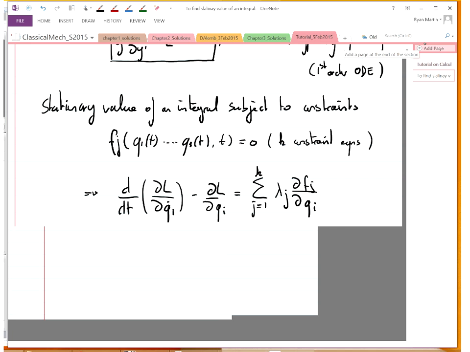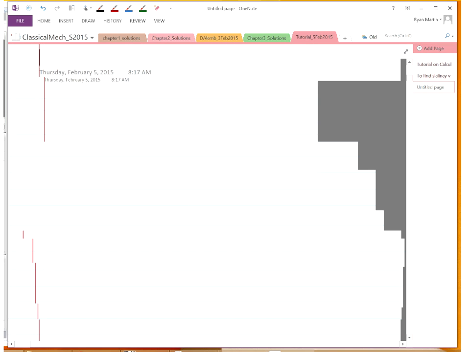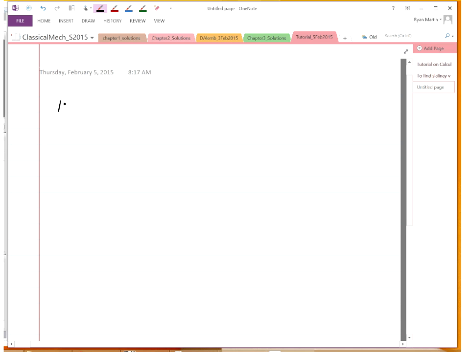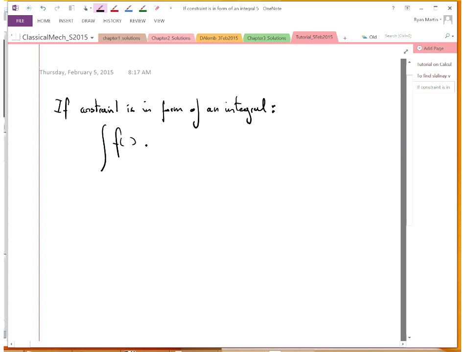And then finally, if the constraint is in the form of an integral, for example, some function dt equals some constant c, let's say.